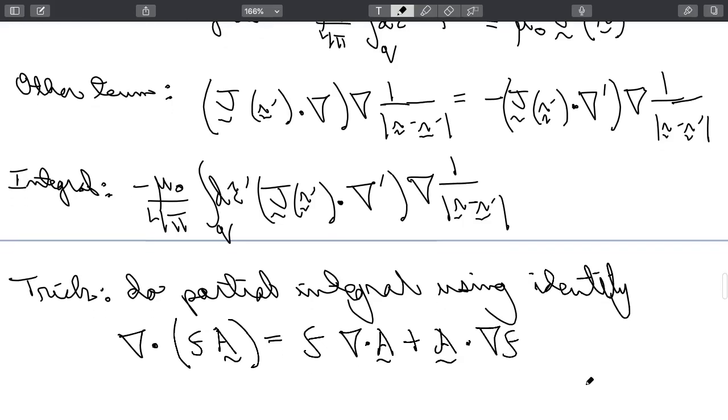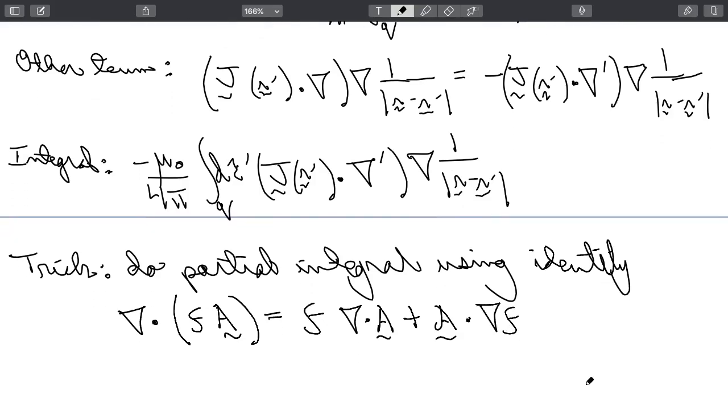Okay, so you see what I'm going to do here is kind of inverse this thing, right? So now a is going to be this one here, and this term here is going to be this term. So you see the f is 1 over r minus r prime. The a is just the j of r prime here.